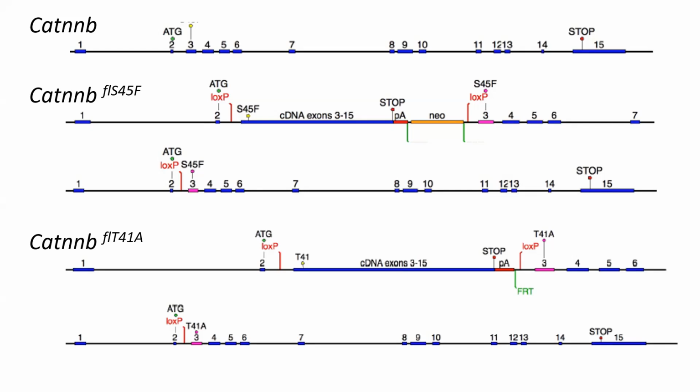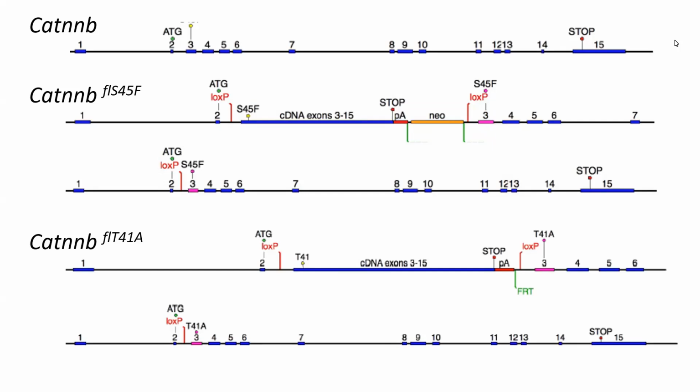Our intent is to make these mice publicly available, and once we can show a phenotype, we'll deposit them in Jackson Labs. In the meantime, however, if any investigator anywhere in the world wants these mice, please write to me, and I'd be happy to share them. We'll send the information on how to do genotyping, as well as more of the mapping information about the specific mutations and where the LOXP sites are, if anyone's interested in obtaining the mice.